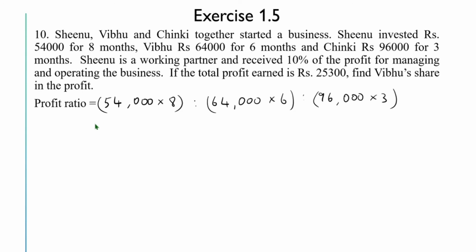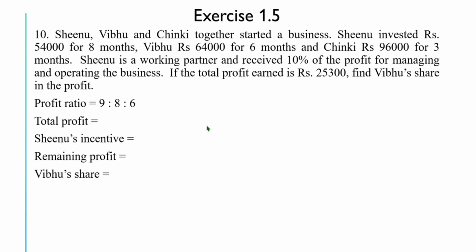On simplification we get 72 is to 64 is to 48. We can divide by 8, so we get 9 is to 8 is to 6. So the profit ratio between Sheenu, Vibhu and Chinky is 9 is to 8 is to 6.